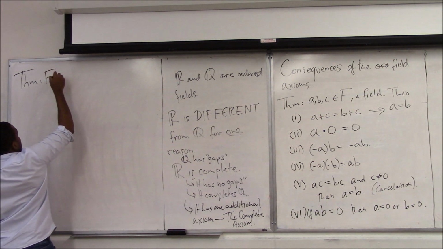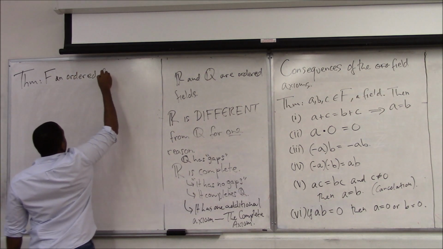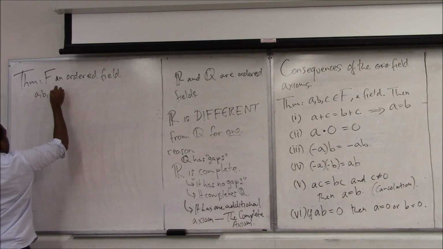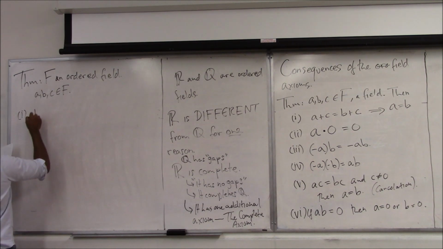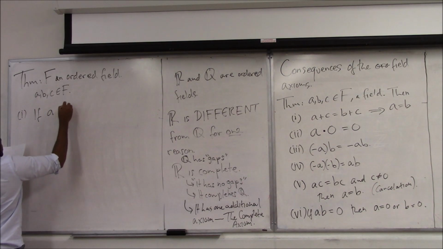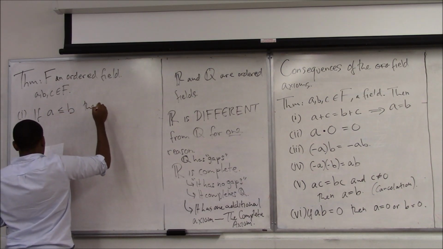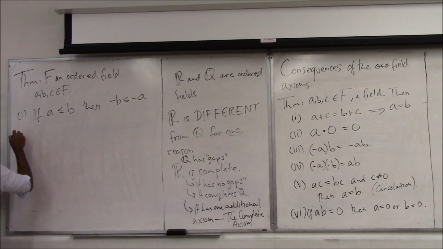Let F be an ordered field. A, B, C, elements of F, then this is true. 1. If A is less than or equal to B, then minus B is less than or equal to minus A. 2.